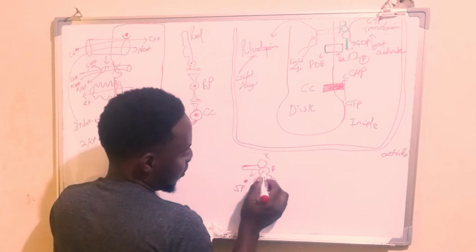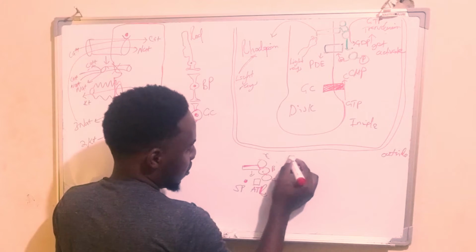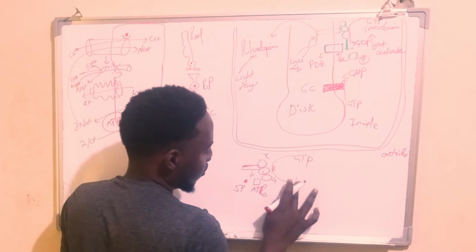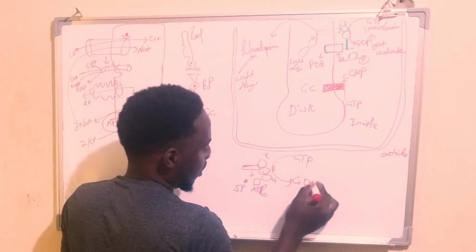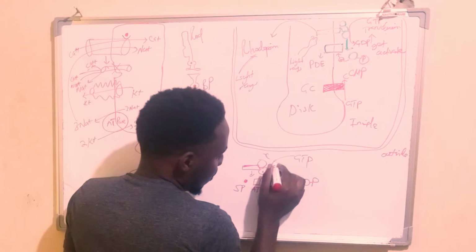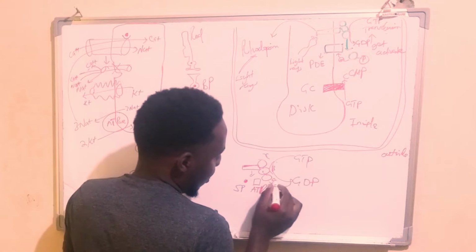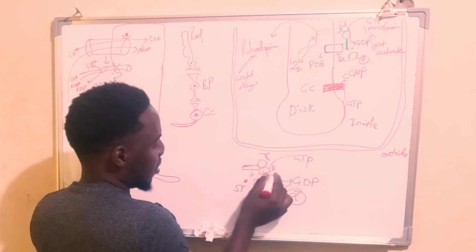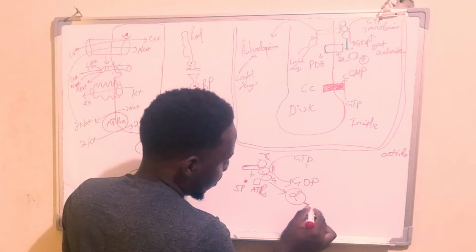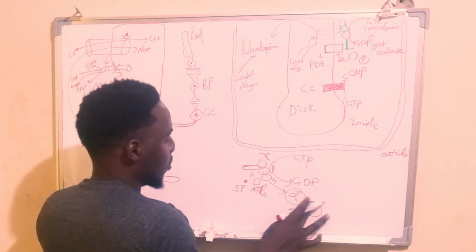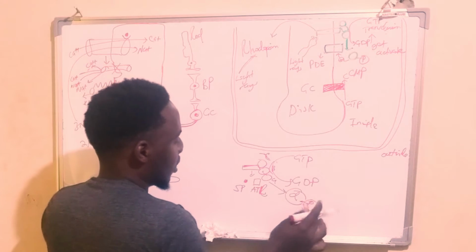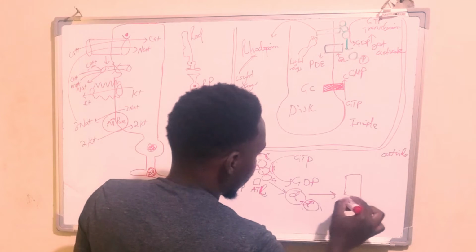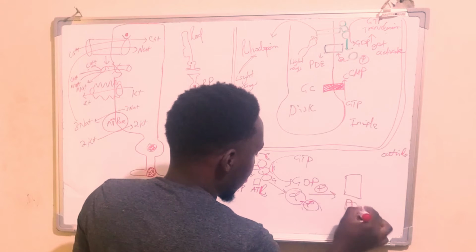The activation of this G protein causes the conversion of GTP to guanosine diphosphate, GDP. Then the alpha subunit separates from the rest of the subunits, the gamma and the beta subunit, and it moves out with its phosphate group. When it moves out, it goes and activates the phosphodiesterase enzyme.